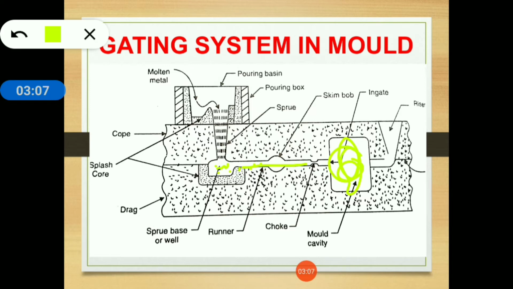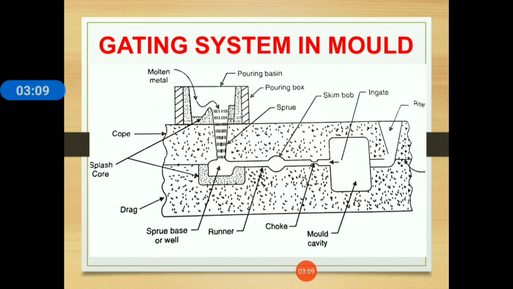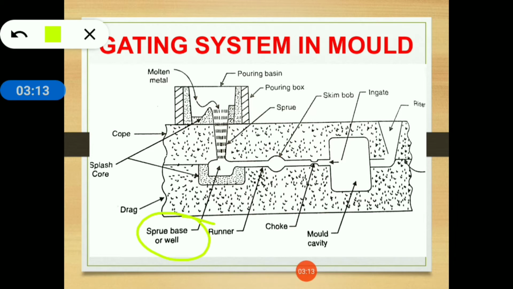To avoid this, the sprue base or well is prepared, to avoid sand damage due to the direct impingement of the molten metal.